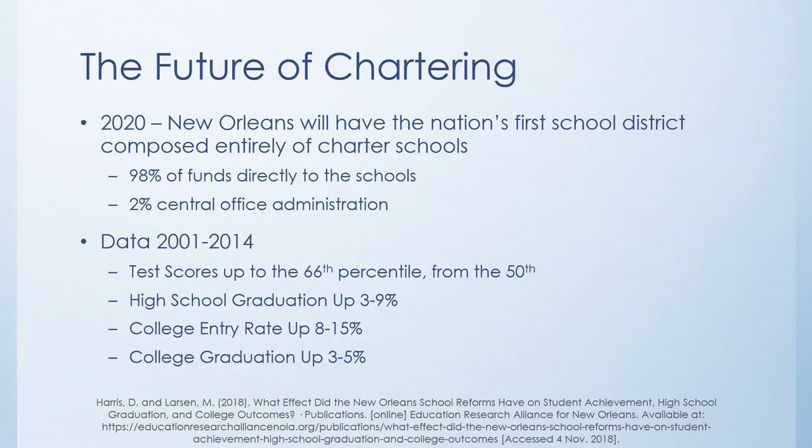Data was collected between the years of 2001 and 2014, and the impact of this particular reform was wildly impressive. Test scores went up to the 66th percentile, high school graduation was up 3 to 9%, college entry rate went up 8 to 15%, and college graduation was up 3 to 5%. By 2020, New Orleans will have the nation's first school district composed entirely of charter schools.